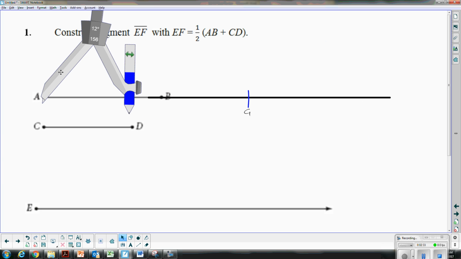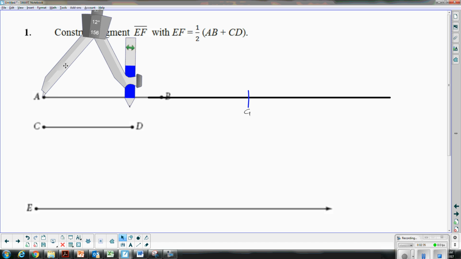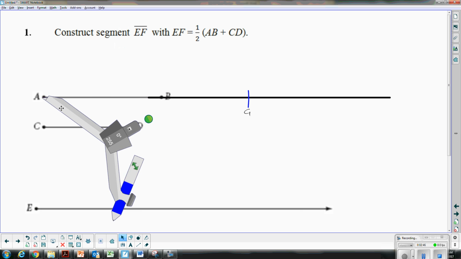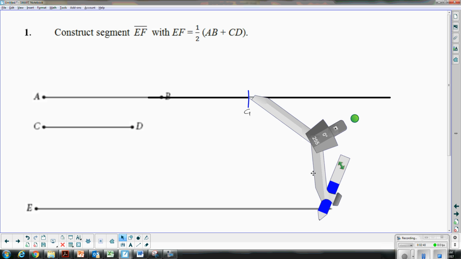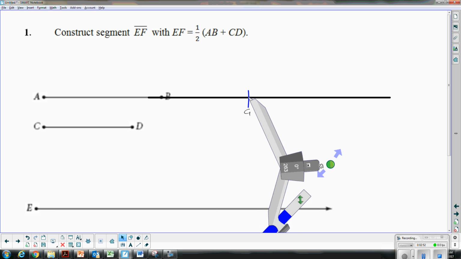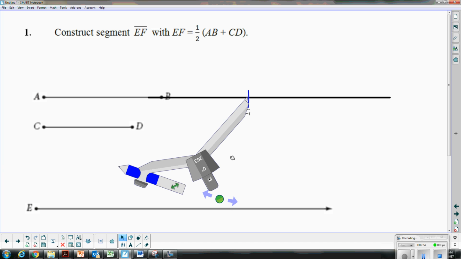To find the midpoint, I'm going to construct a perpendicular bisector. So I'm going to make my compass pretty wide. I'm going to start over here, but you're going to have to make 2 points because you need 2 points to form a perpendicular bisector.